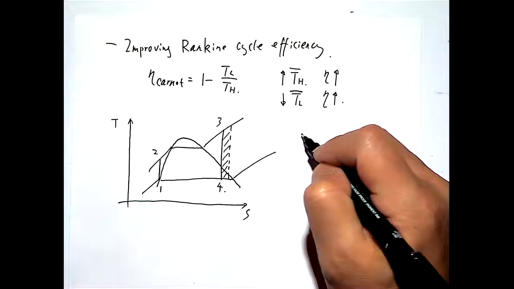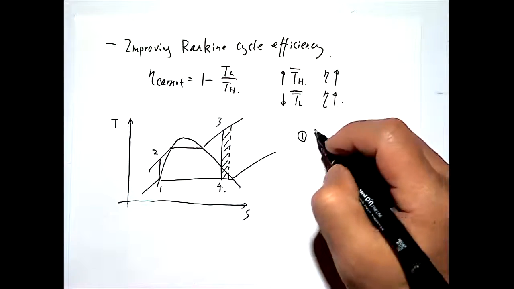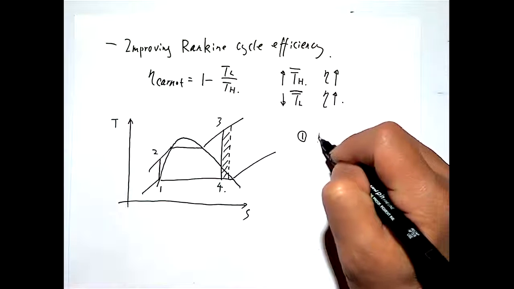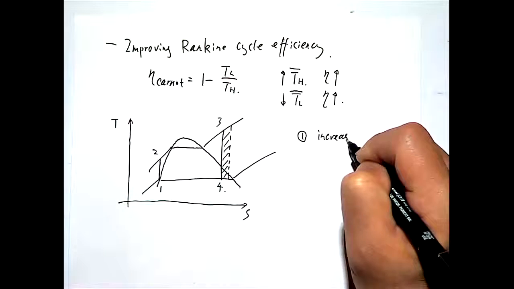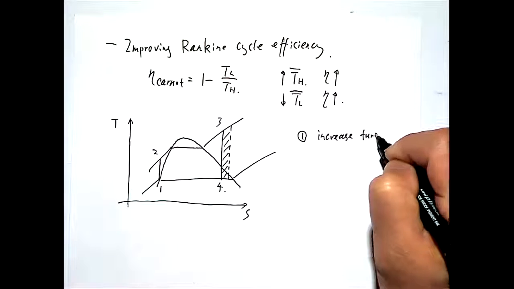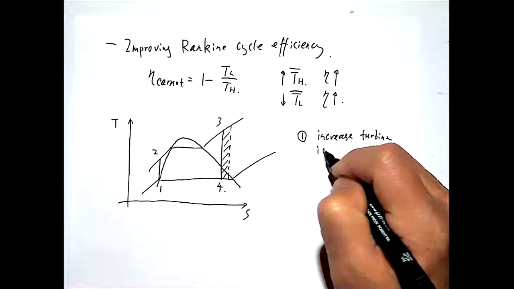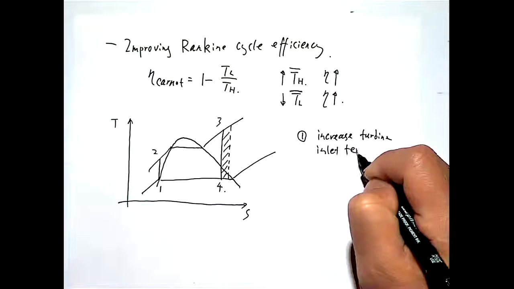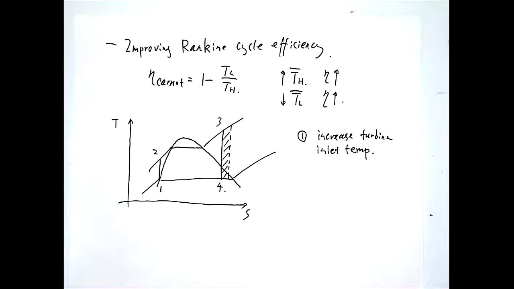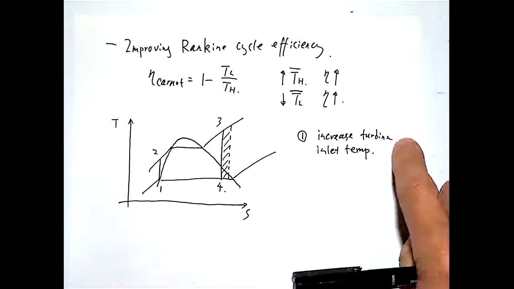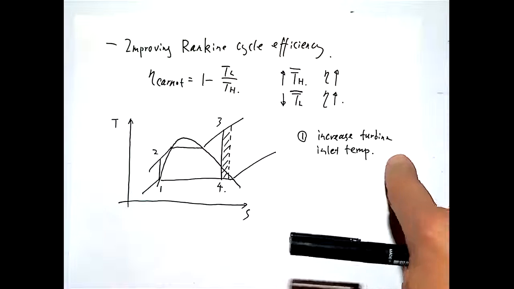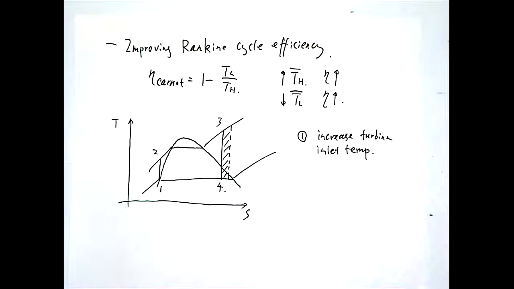So the first one we can do is increase the turbine inlet temperature. This is something we have seen before, right? When we studied the gas turbine, we said if we can raise the gas turbine inlet temperature, we can get high efficiency.